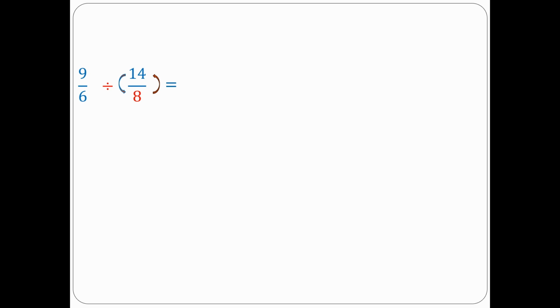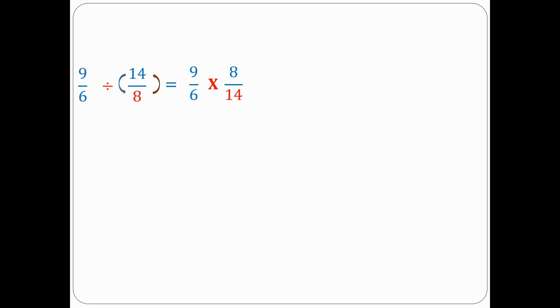The first fraction 9 over 6 will remain as it is. After flipping the fraction, you must change the divide symbol into a multiplication symbol, and the new expression is 9 over 6 times 8 over 14.